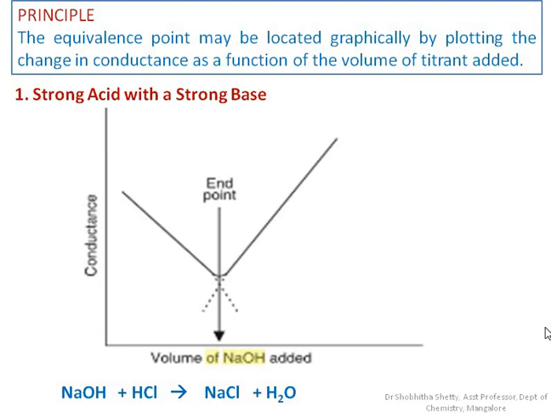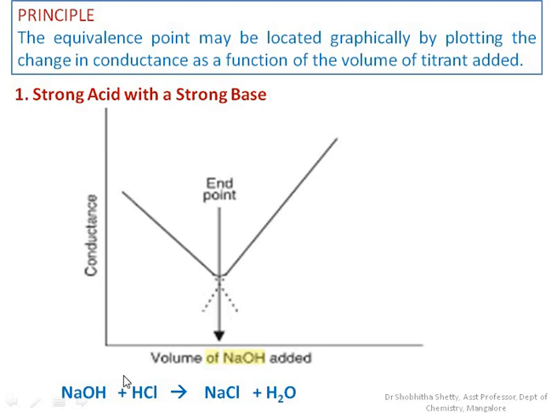When you perform the experiment with strong acid versus strong base, we know strong acids usually dissociate completely. Before the starting point, you can observe the conductance value was high, and as you go on adding NaOH, here it is 0, 1, 2, 3, 4, 5, 6 we can consider. As you go on adding sodium hydroxide, what happens here? This conductance is with respect to HCl in the beaker.